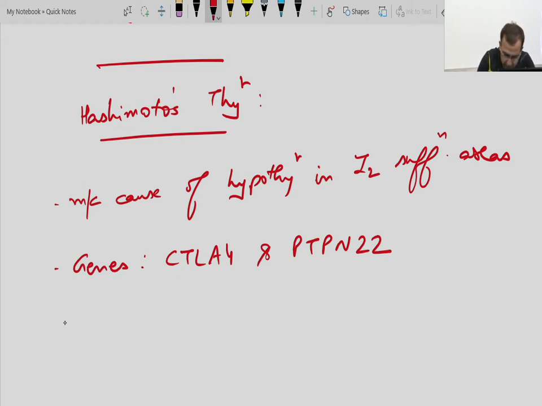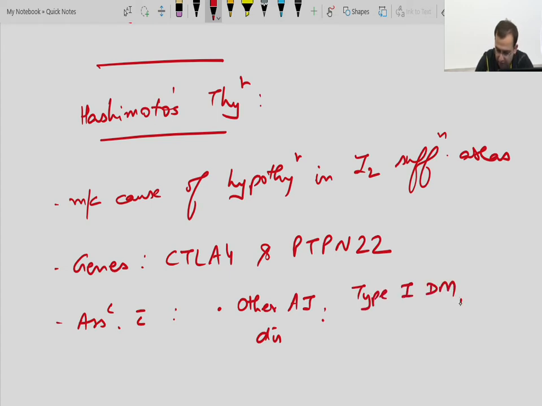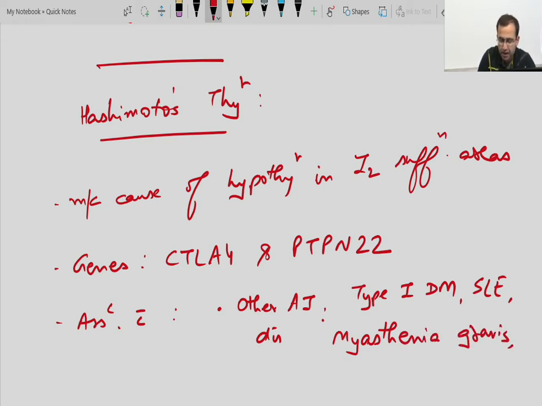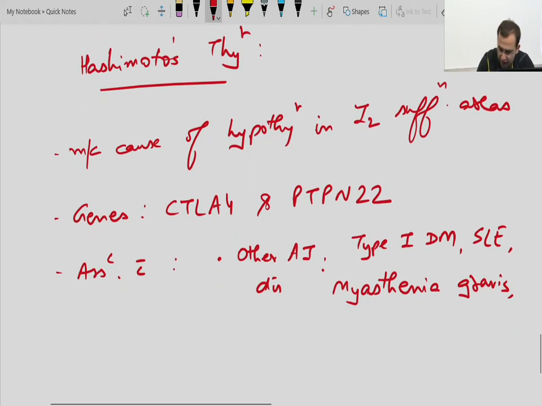Next, it is associated with other autoimmune diseases like type 1 diabetes, SLE, that is lupus, myasthenia gravis and Sjogren's syndrome.